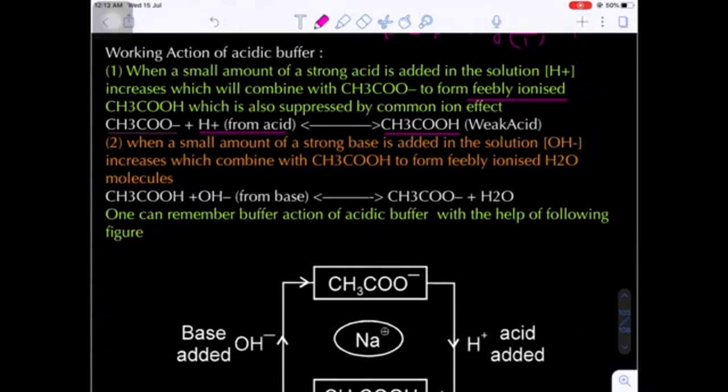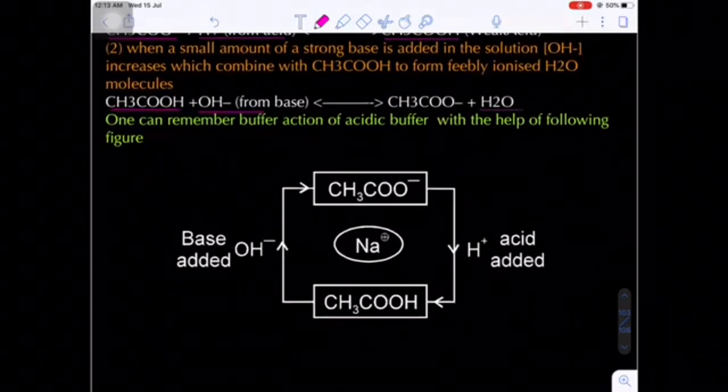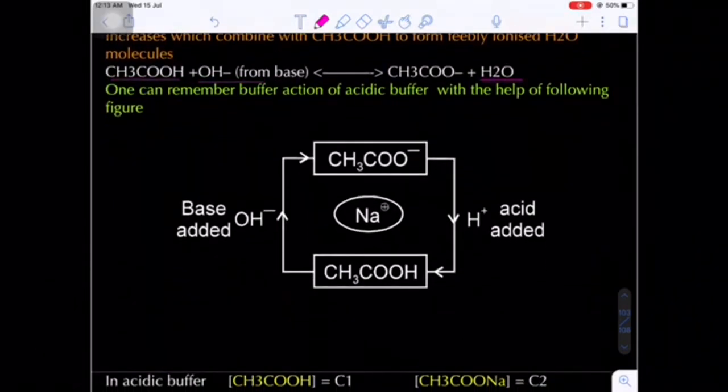So the H plus ions added react with acetate ions to form undissociated acetic acid. Okay, let's suppose we add OH minus ions, which combine with the acid, that is the acetic acid, to form unionized water molecules. The extent of ionization of water is very less.